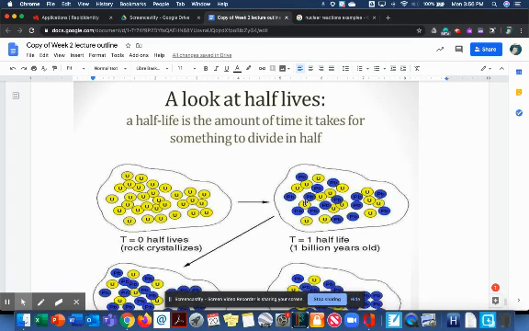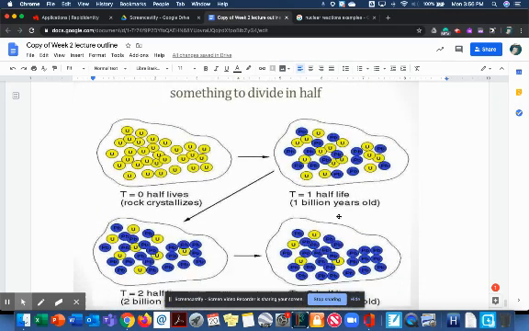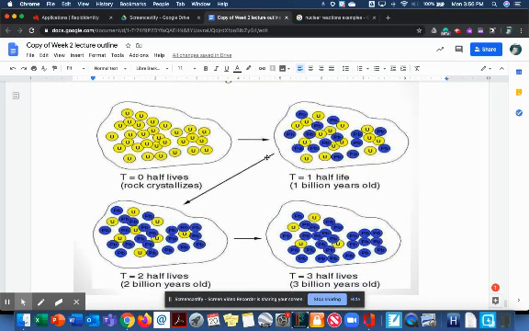And so after one half-life, half of the uranium is left and half has decayed. After a second half-life, half of that half is left, or a fourth. And then after 3 half-lives, we have half of a half of a half left, or an eighth is left over. And so on until we have, in essence, none of the original isotope left over.